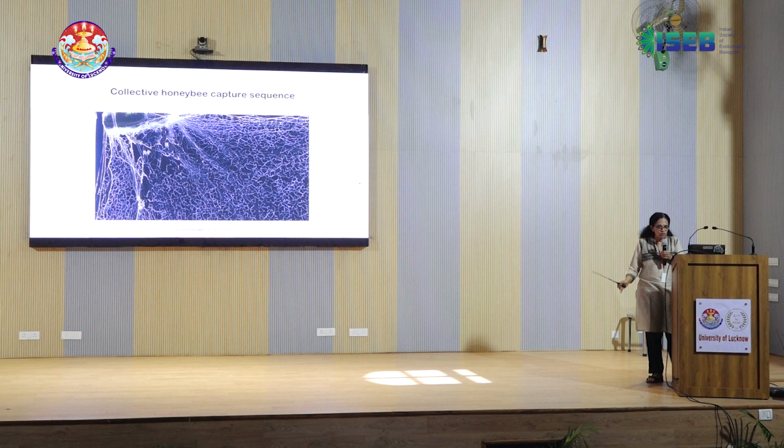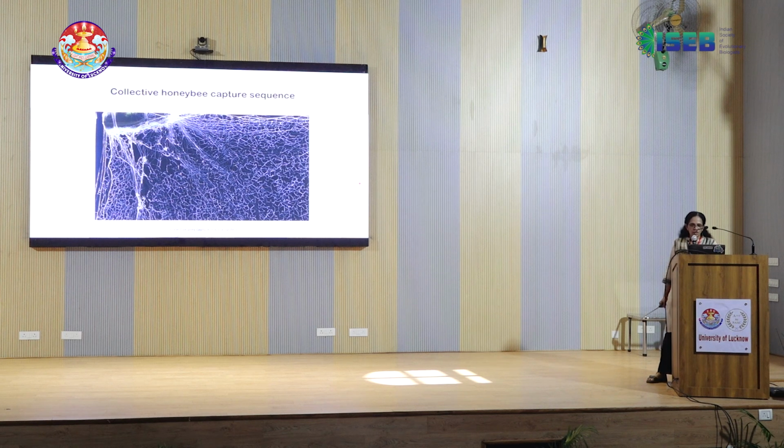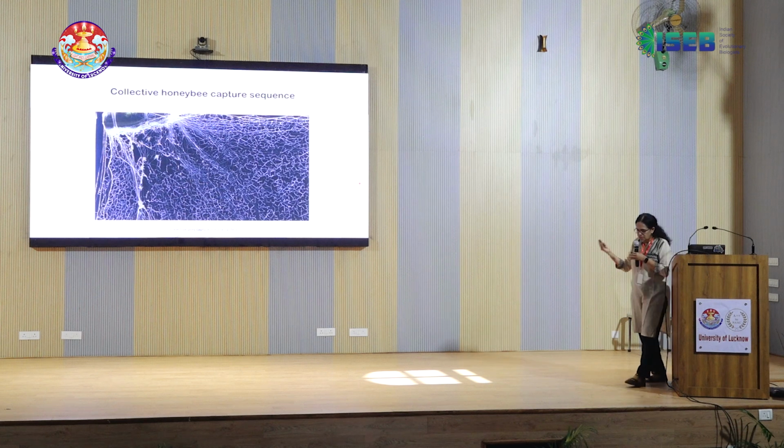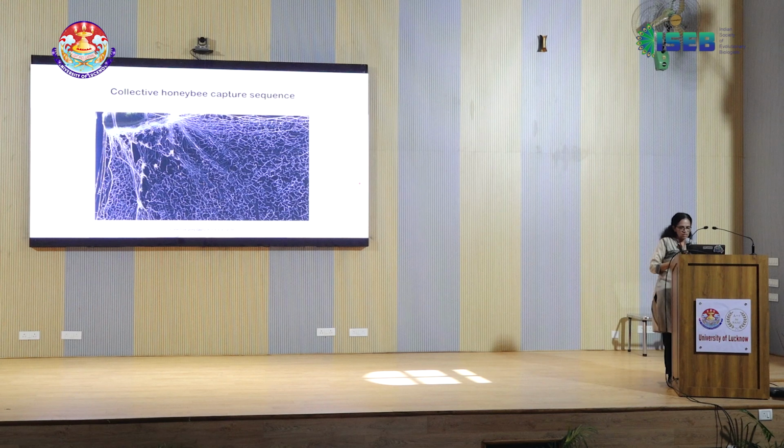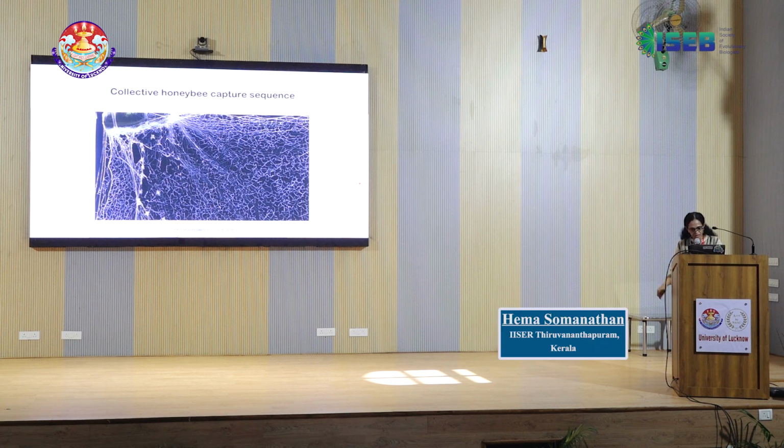So perhaps they are individually sensing the vibrations. And then finally, we do see, as I will tell you in a moment, that there is some sort of coordination between these individuals in the later stages of prey capture. So let me move from here, as soon as the spiders all huddle up on the prey, you can see that there is this kind of encircling behavior where some of them actually go down south and then come up and attack the prey.